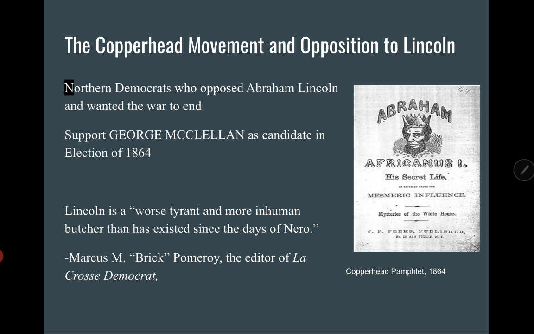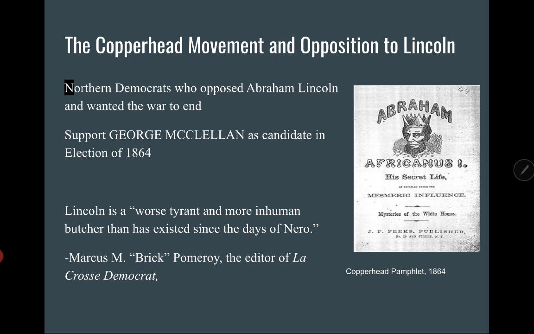Abraham Lincoln has dragged us into this war. He's done things that, Lincoln is a worse tyrant and more inhumane butcher than Nero. Essentially, people who are running against Lincoln are pointing out all of his problems.